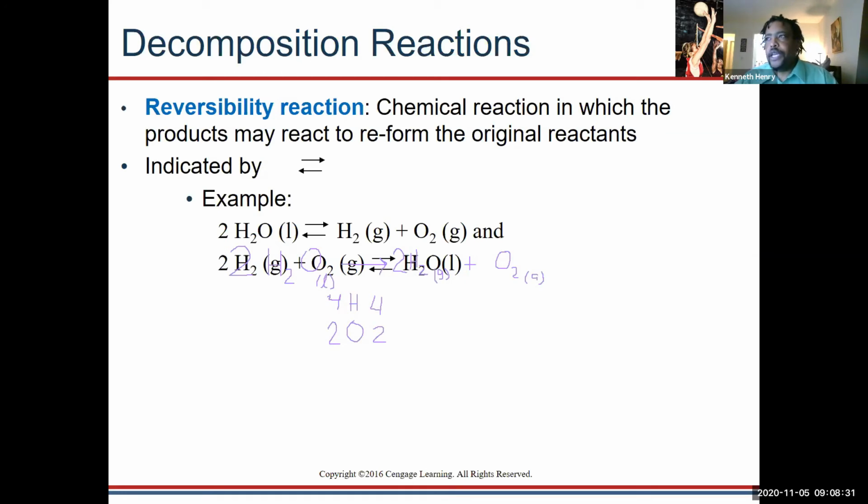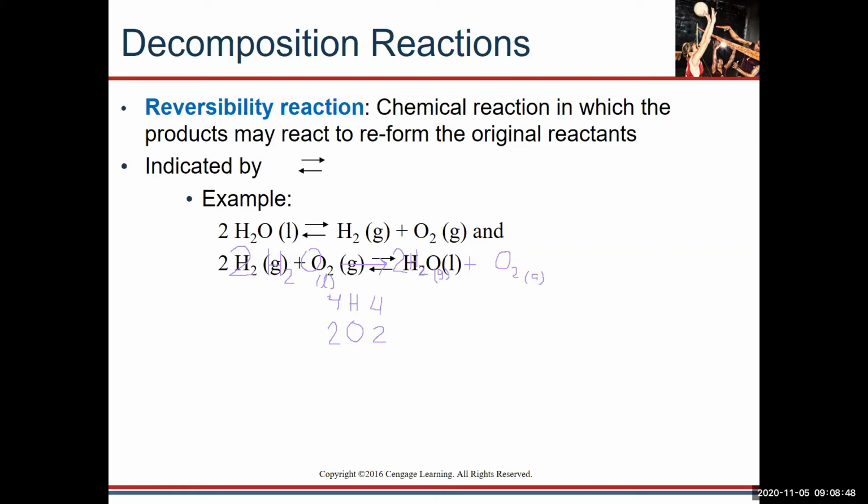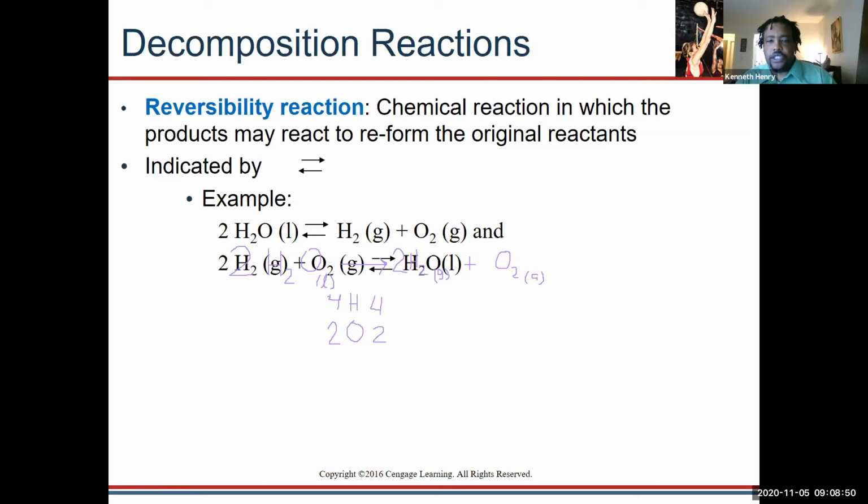It can also mean equilibrium, meaning that there's a point where both of the reactions are taking place at a given time. So you'll have the hydrogen gas, the oxygen gas, and the water all in the same container, balancing each other out. And that's called equilibrium.